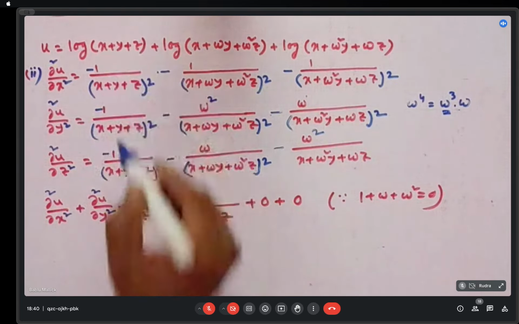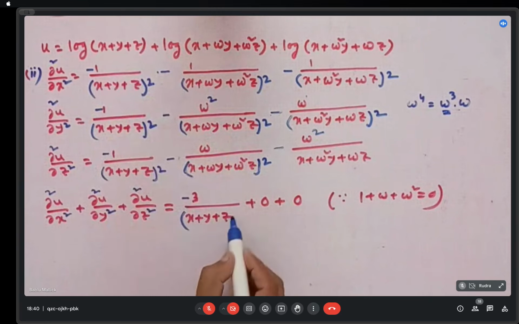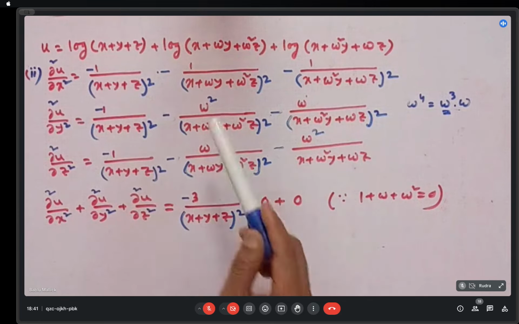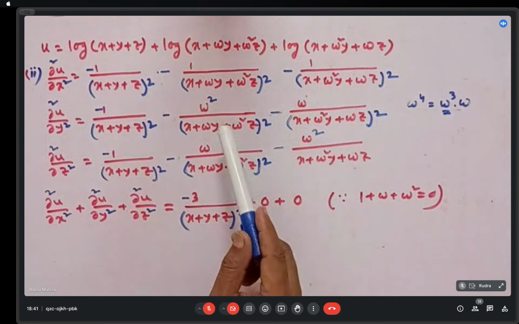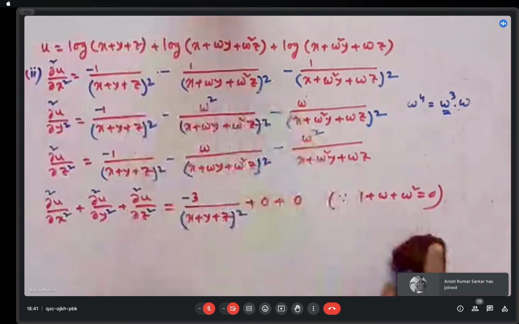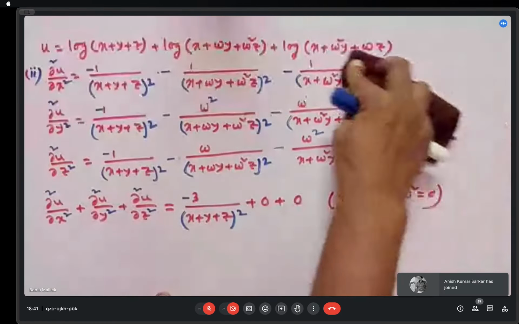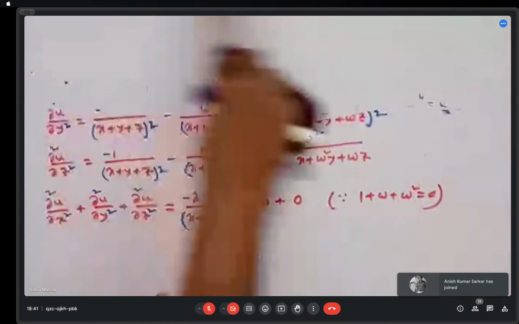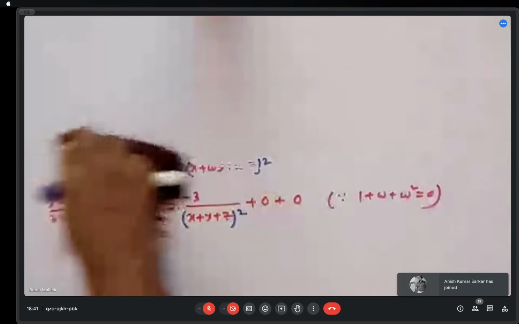This is del x plus del y plus del z, this whole square of u. You have to find it. This means actually it is del x plus del y plus del z, this of del x plus del y plus del z of u.